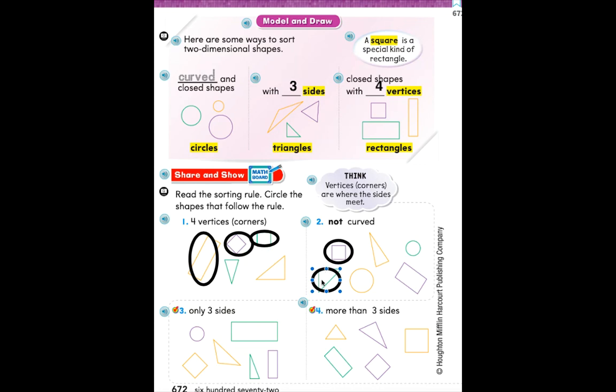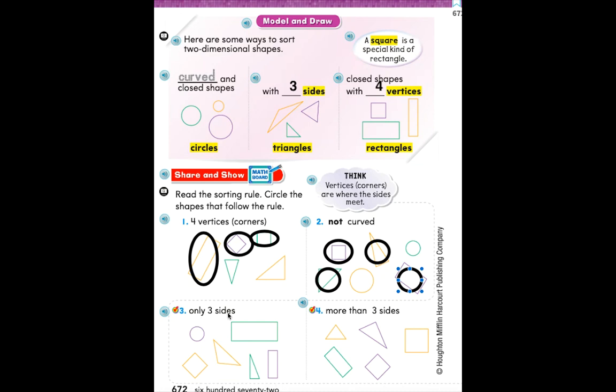Squares, triangles, and rectangles are not curved, so we are going to circle these shapes. Only circles are curved shapes.